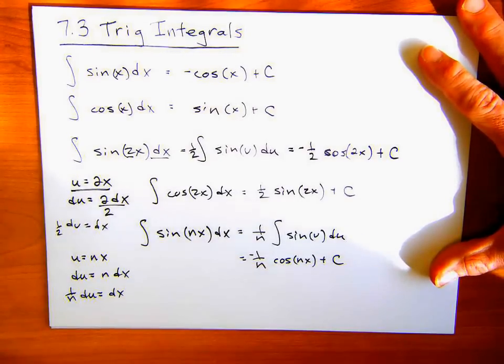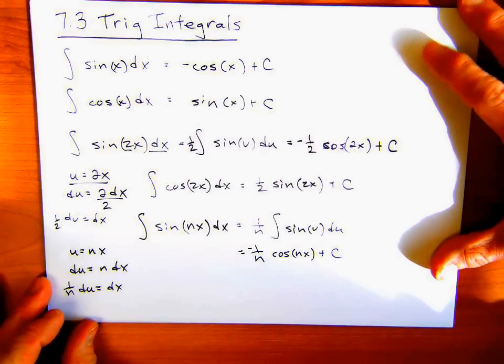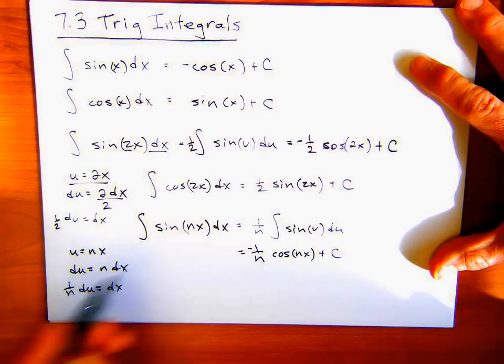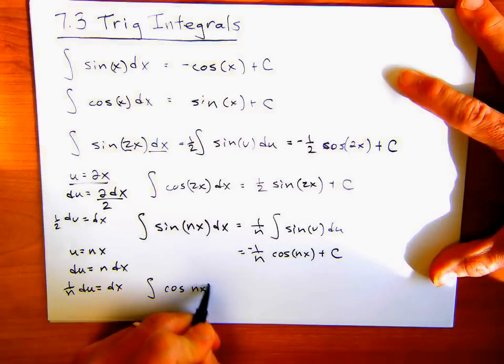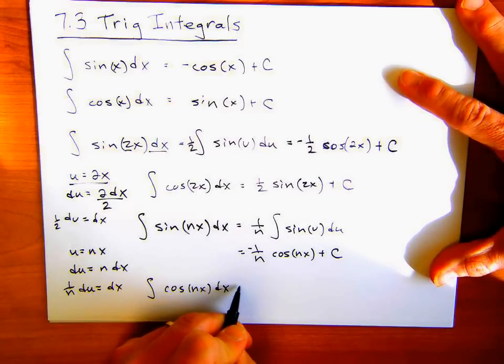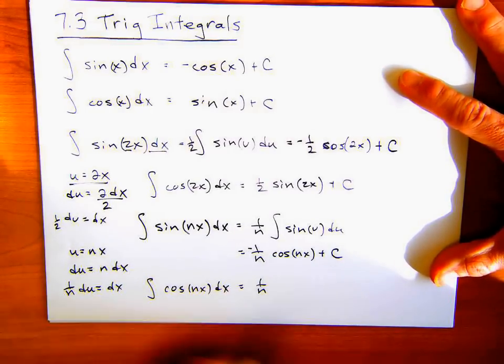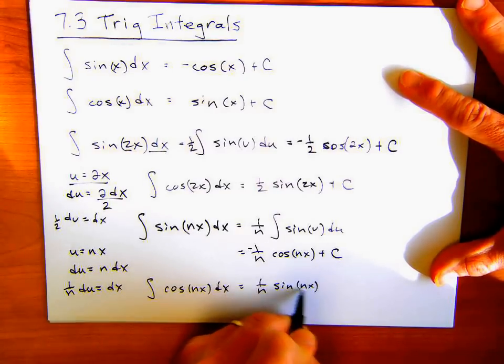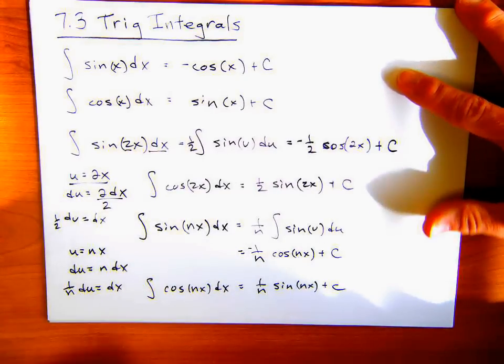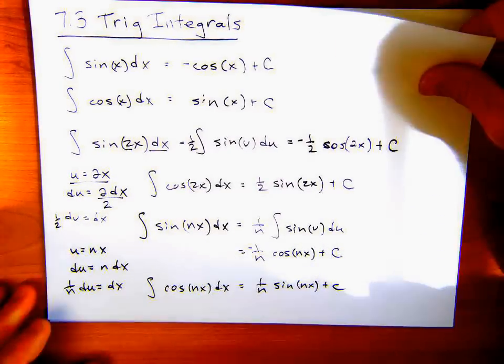This will be useful for us later on to not have to go through this substitution every time. And likewise, the integral of cosine of nx dx would just be 1/n sine nx plus c.